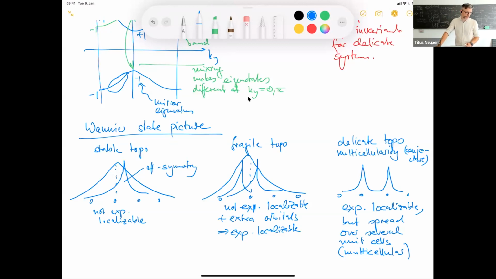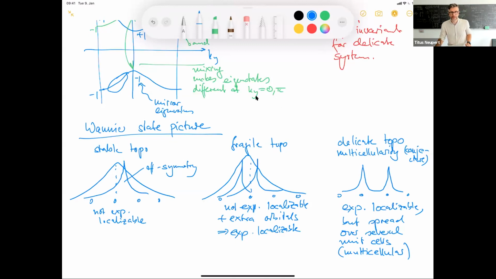One has to distinguish cases where the boundary is sharp and non-sharp, because generically, the feature that you have something spreading over two unit cells is lost the moment you have broken translation symmetry. So I would say that bulk boundary correspondence for delicate systems is to some extent still an open problem.